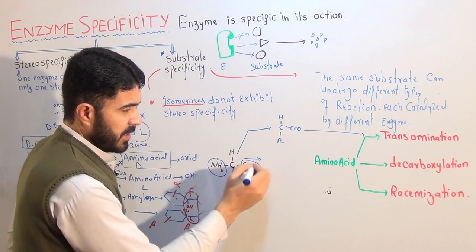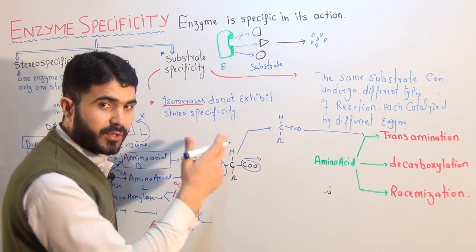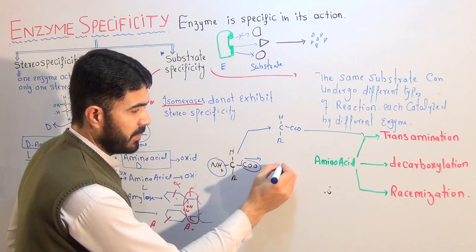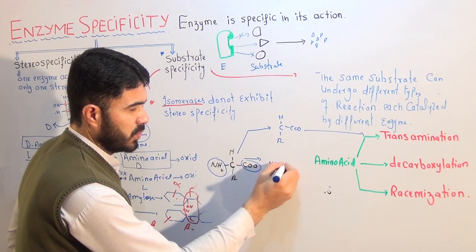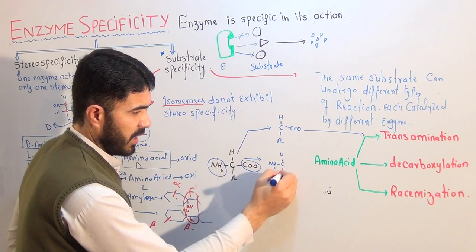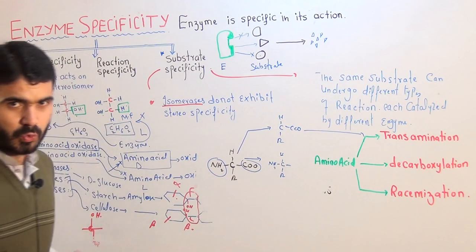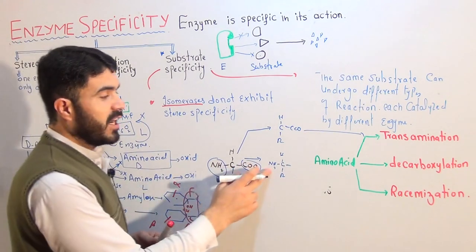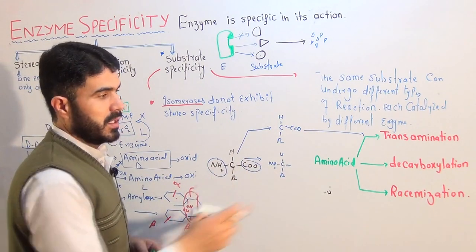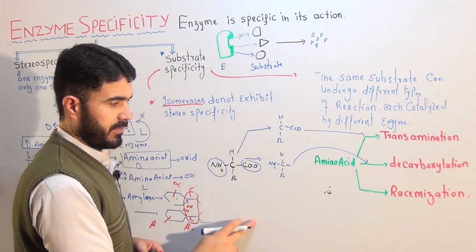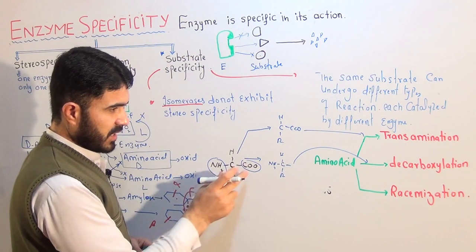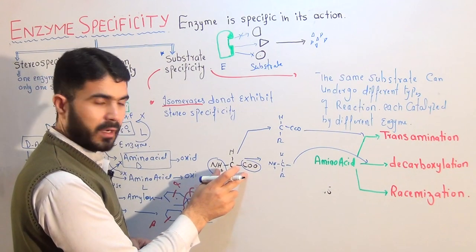If this COO is removed, then we will have C, NH2, H, R. So no CO2 is there. This kind of reaction is called decarboxylation.